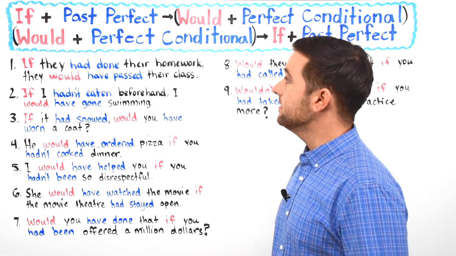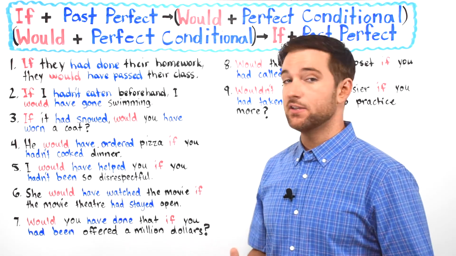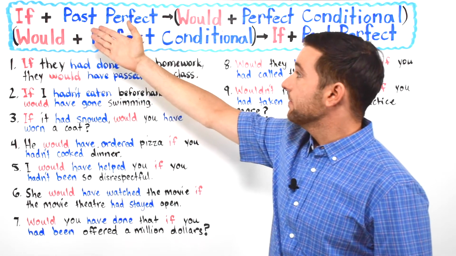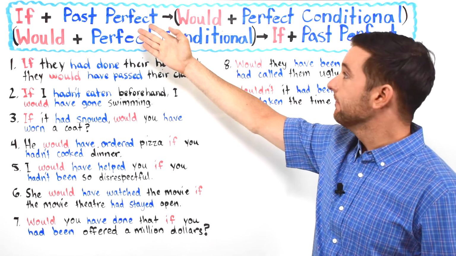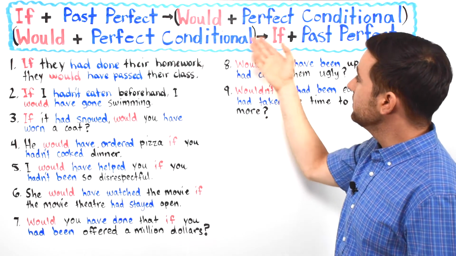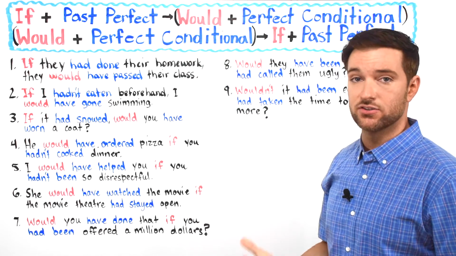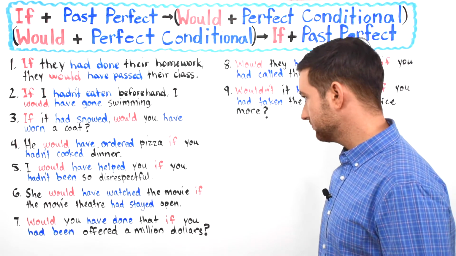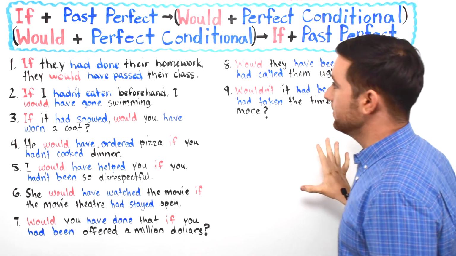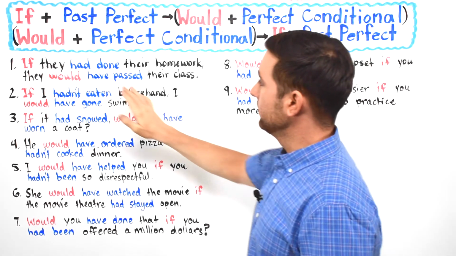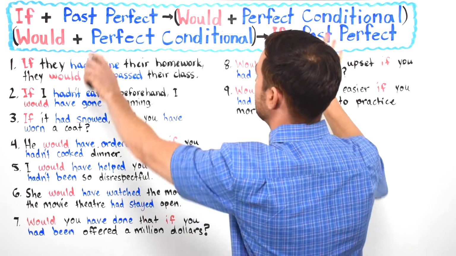We form the type 3 conditional by using if, and then we have the past perfect, okay? And then later we have the perfect conditional with would in the beginning. So would is part of the perfect conditional. I'll write it right here, but also just so you know, guys, you can also switch it.